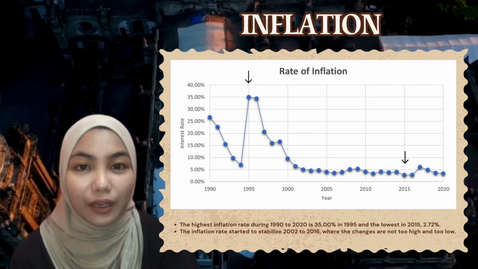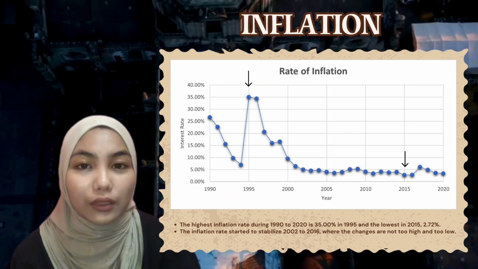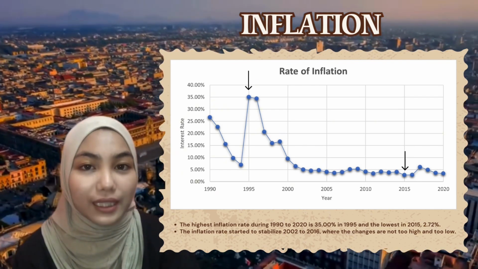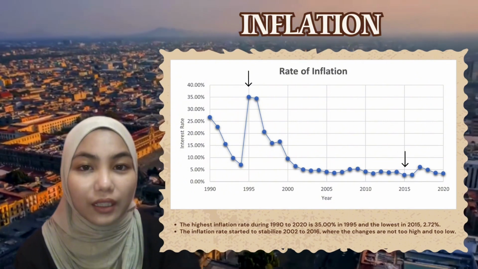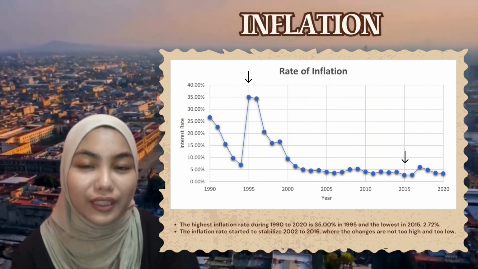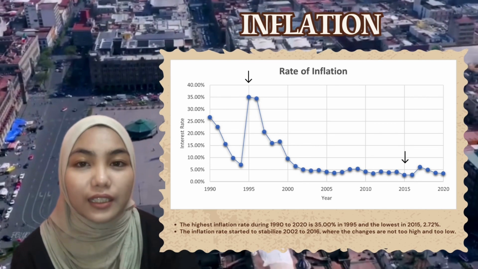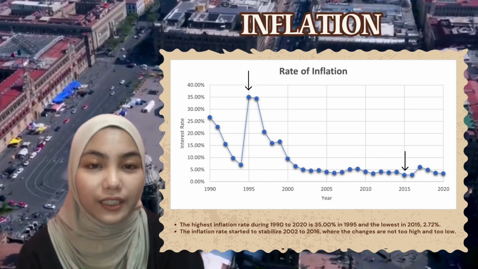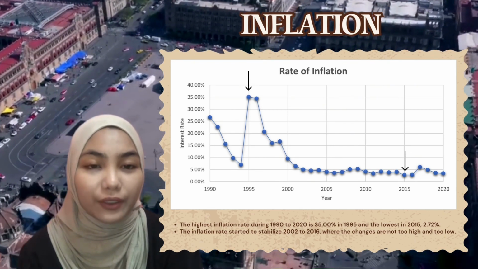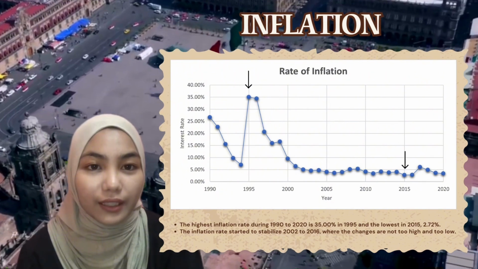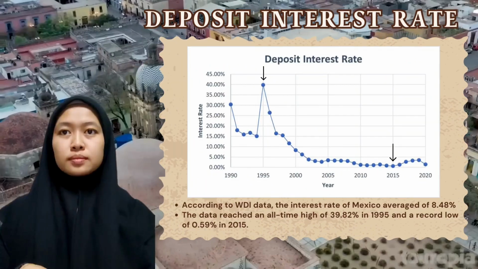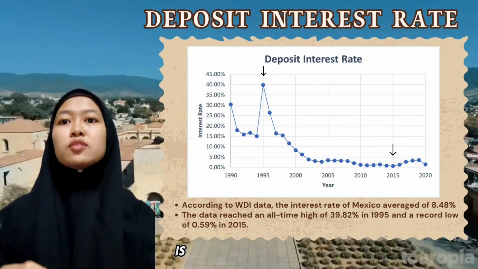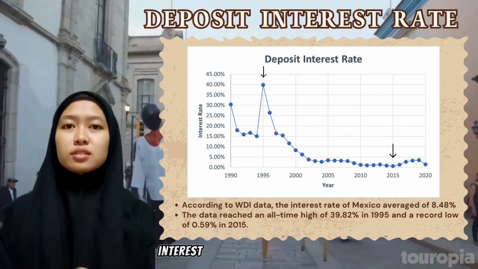As we can see in the graph, from 1990 to 2020, the highest inflation rate is in 1995, which is 35%, and the lowest is in 2015, which is 2.72%. The main reason why inflation was high in 1995 is the collapse of the Mexican peso in December 1994. As a result, inflation increased from 1 digit to more than 50%, and the nominal interest rate almost reached 100%. Deposit interest rate: the exchange rate between the Mexican peso and the US dollar is influenced by various factors, including interest rate.